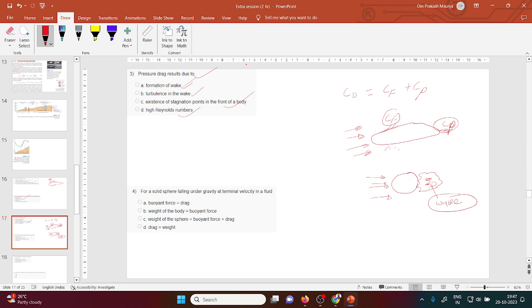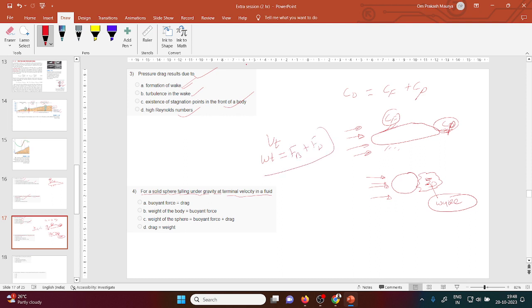Formation of wake. Next, a solid sphere falling under gravity at a terminal velocity in a fluid. In the terminal velocity condition, the weight of the sphere should be equal to buoyant force plus drag force.